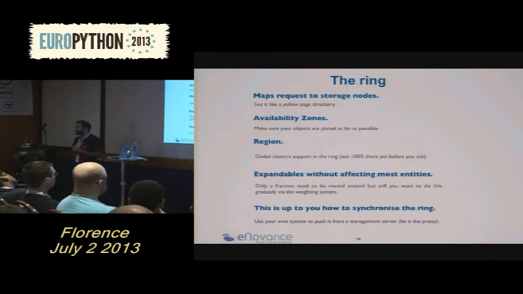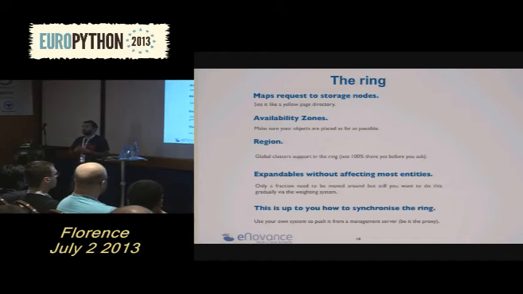There is a new concept that's just getting introduced for Grizzly, which is region support. The Swift devs have been working on global cluster replication. One part of it is to change the ring to be aware that there are going to be different regions, sitting in different data centers.